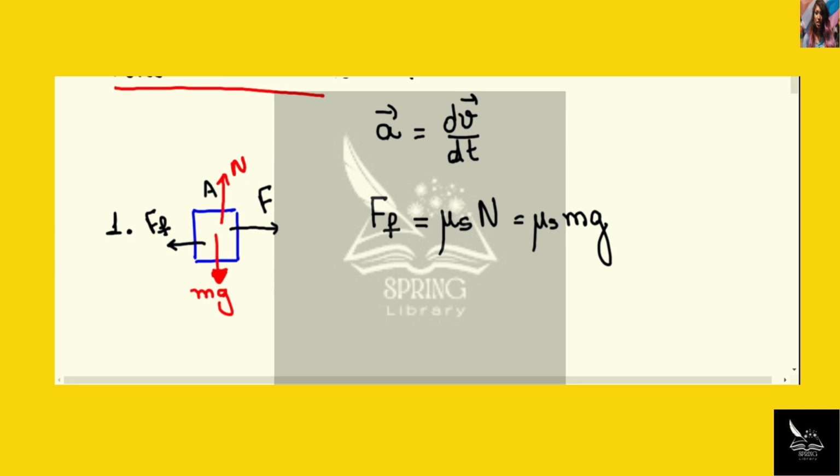So the maximum value of the static friction is mu s times mg. So we have that the force minus mu s mg is equal to 0, since the acceleration of the block is 0, since the block is at rest.